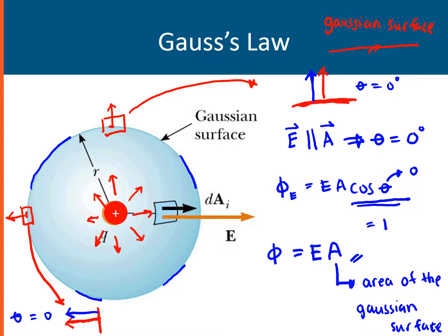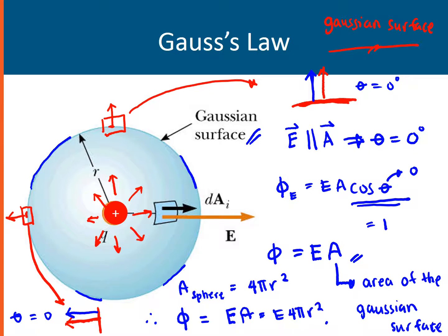And in geometry, we have learned that the surface area of a sphere is just equal to 4 pi r squared. Therefore, we could say that the electric flux in this particular example where the Gaussian surface is a sphere is just equal to the electric field multiplied by 4 pi r squared. So we have the electric flux given that the Gaussian surface is a sphere.